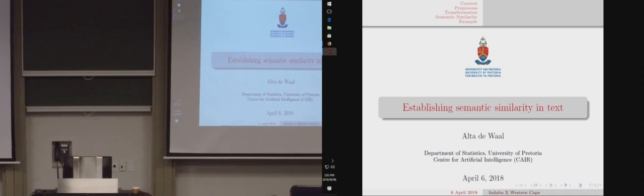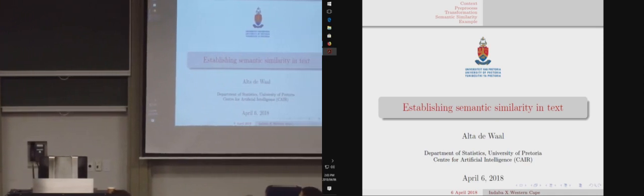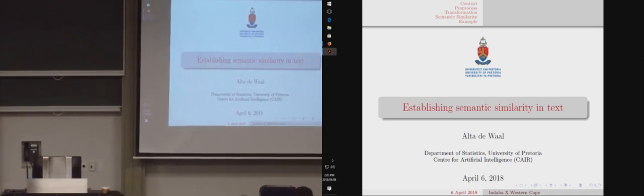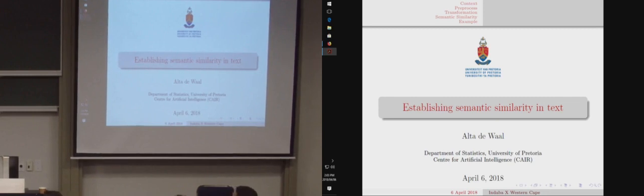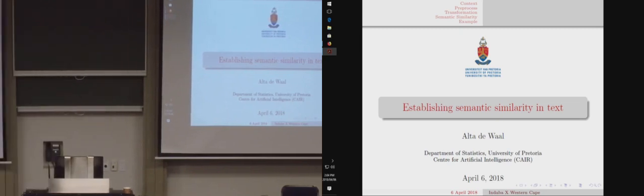So I'm going to talk today about how to establish semantic similarity. Specifically in text, and I know I said short text, but then I realized usually you want to do it on short text anyway. You always want to do semantic similarity on phrases. So by definition, it's almost short text.